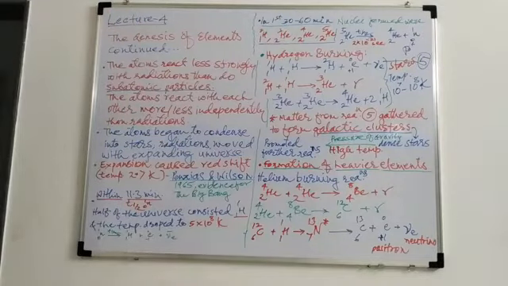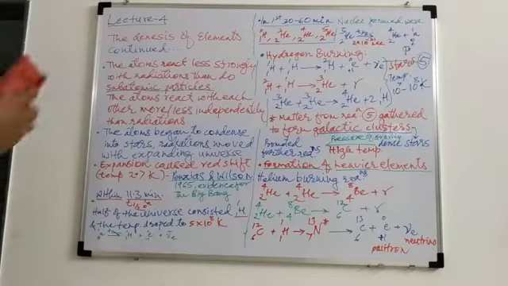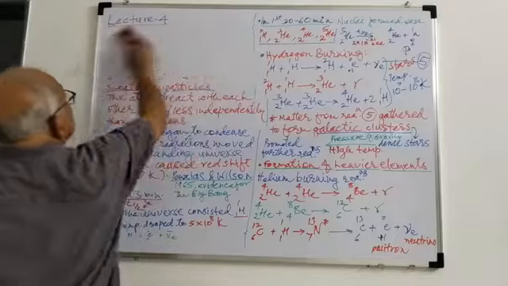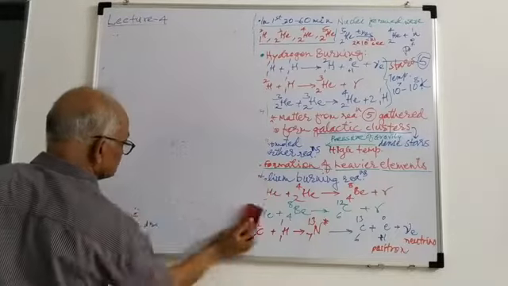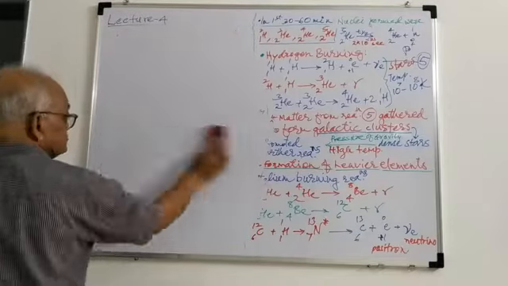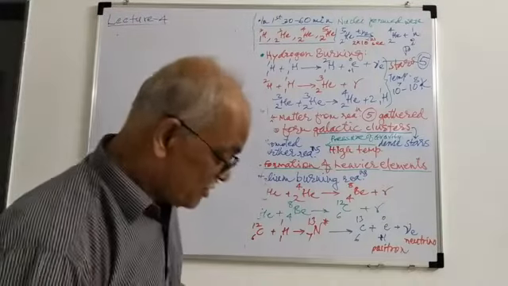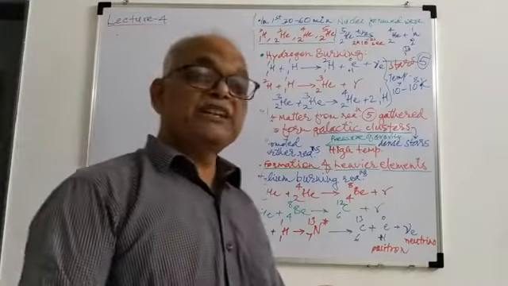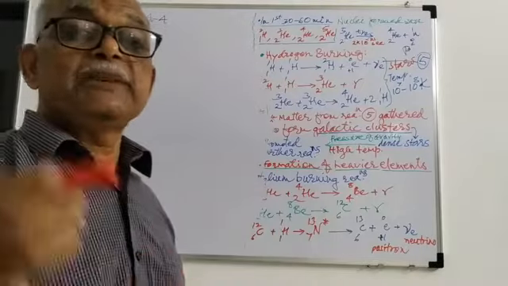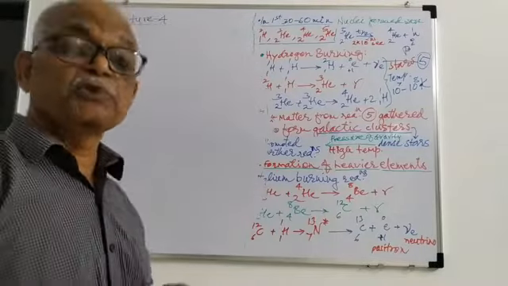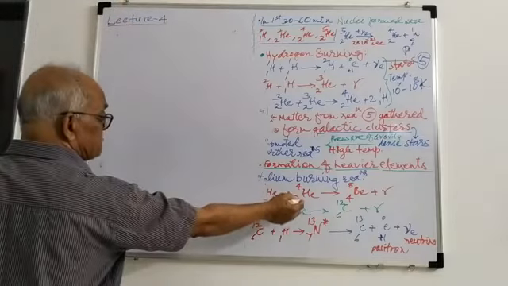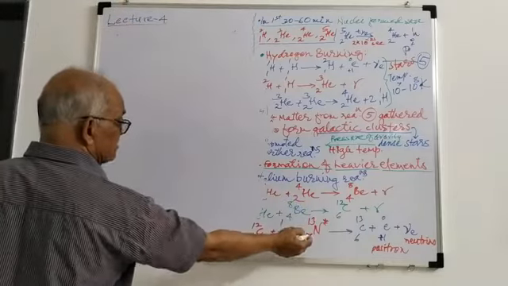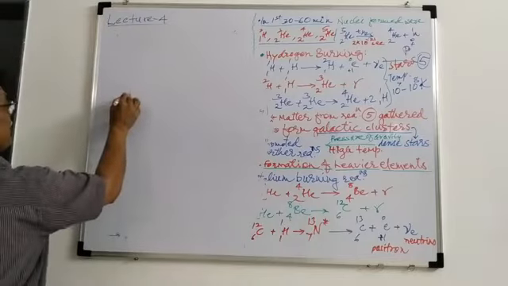Now we will see some additional information. When we consider the representation of a certain nucleus, for example, we can consider this 7 and 13.